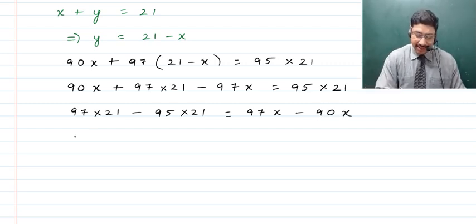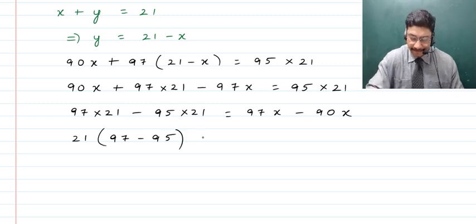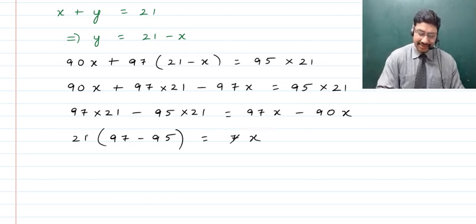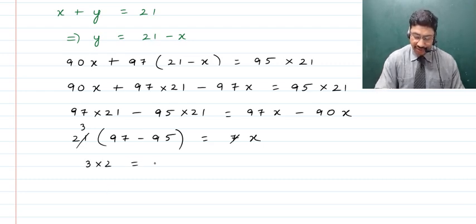Now next, on the left hand side we can take 21 outside, and then we have 97 minus 95 inside here, and on the other side the difference of 97x and 90x is going to be equal to 7x. Now since 7 cancels 21 3 times, here we have 97 minus 95, which is 2. So 3 into 2 will become the value of x.